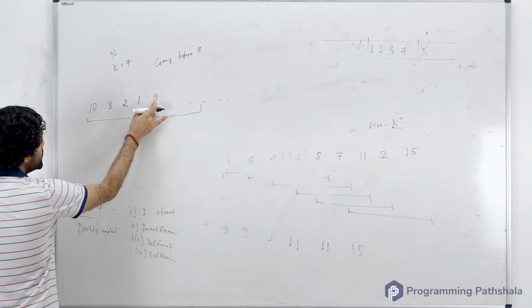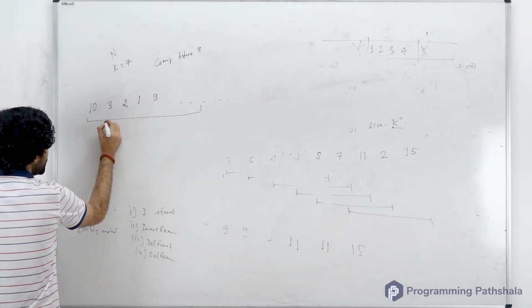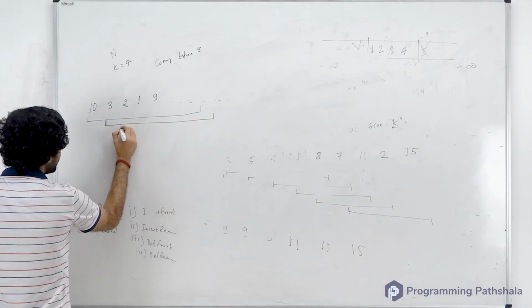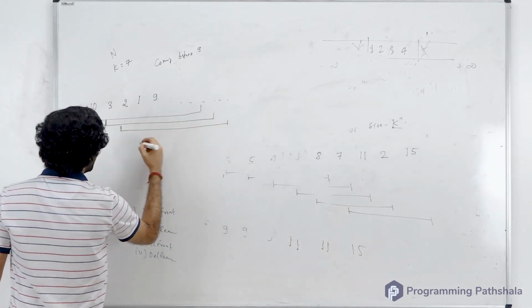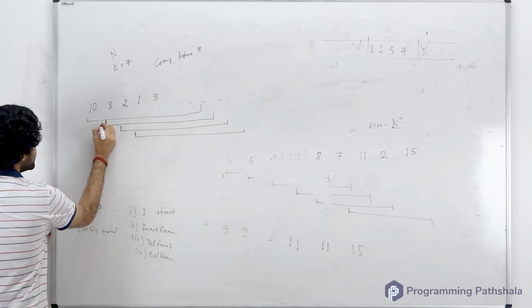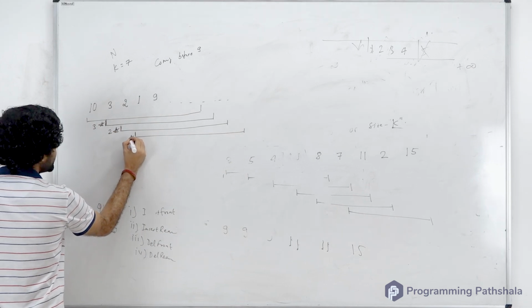All the windows that are starting before 9, let's say windows starting from 3, or windows starting from 2, or windows starting from 1. This window which starts from 3, this window which starts from 2, this window which starts from 1.